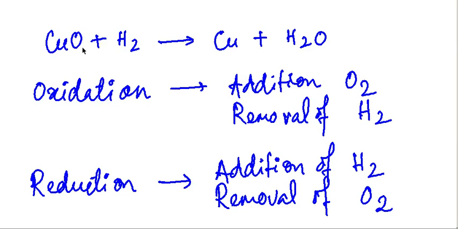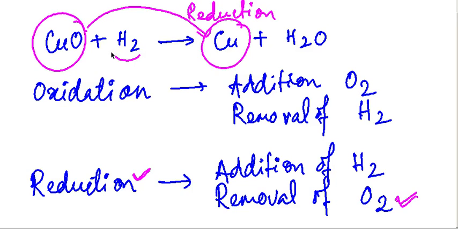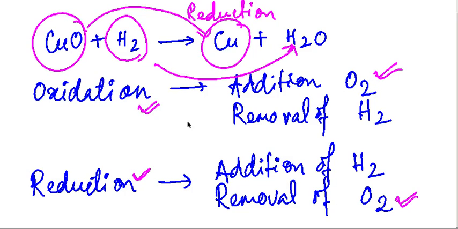Now here you see copper oxide is converted into copper, which means removal of oxygen has taken place. So what is it? Reduction. So reduction is taking place over here. Now hydrogen has been converted into water, in which addition of oxygen is taking place, which is nothing but oxidation.